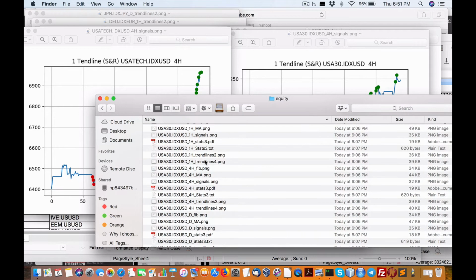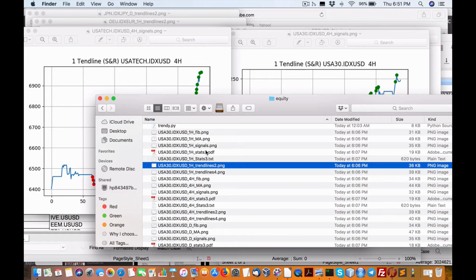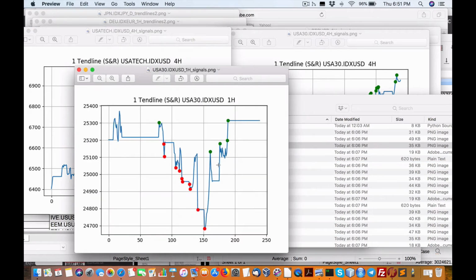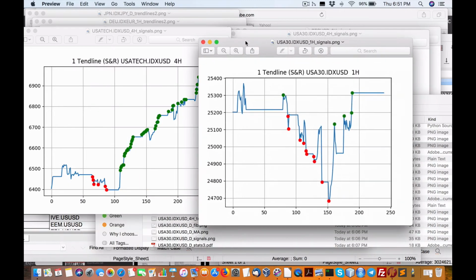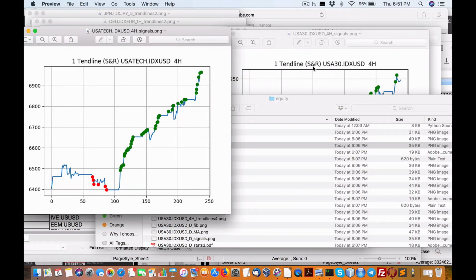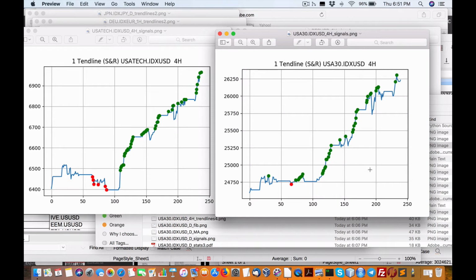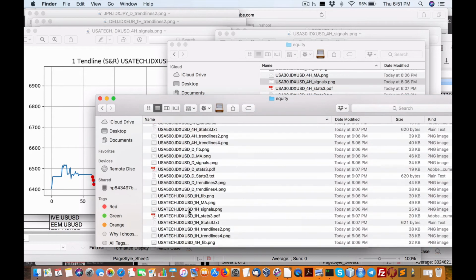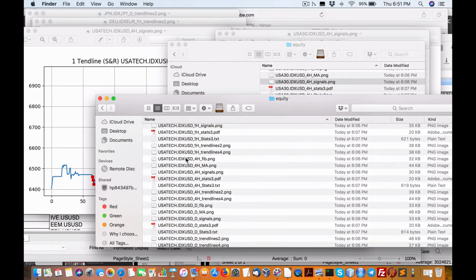So let's go into the signals. See here, this is the signaling on an hourly basis. And if you were to buy into that and had a whole strategy, I can guarantee you'll probably lose more money as opposed to just buying on signals generated on a 4-hour basis. Just check out the USA Tech as well, hourly.